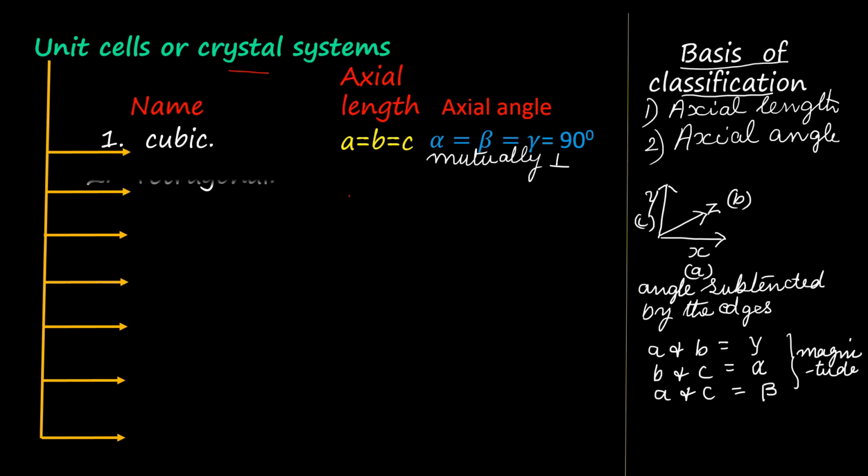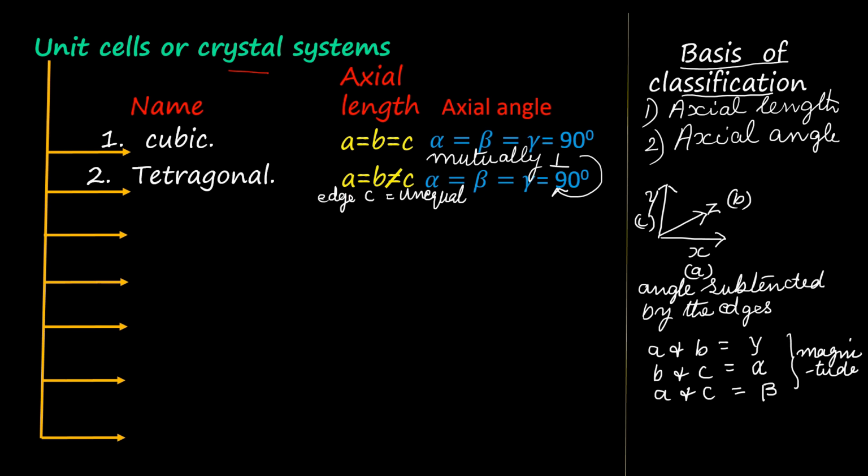The second one is tetragonal. Axial length A is equal to B, but it is not equal to edge C. So here the edge C is unequal. The axial angles alpha is equal to beta is equal to gamma, equal to 90 degrees. So here also the edges are mutually perpendicular.